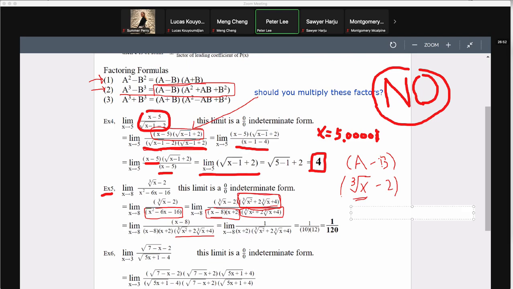Let me say this. Any factor which is not 0 and not infinity, usually you have nothing yet, but it's going to show up, don't do anything.